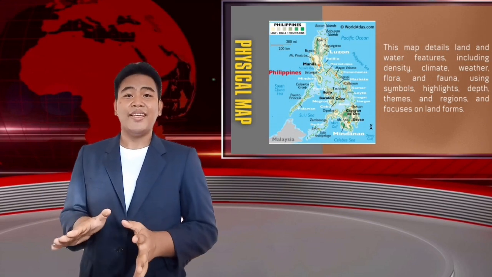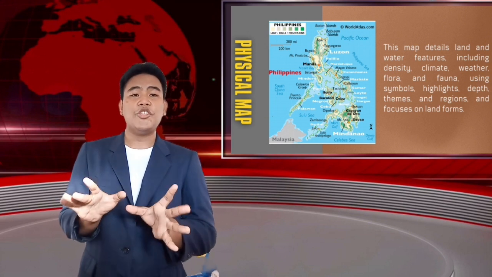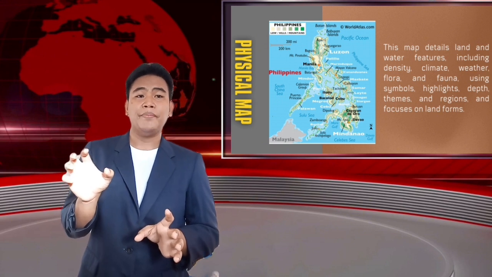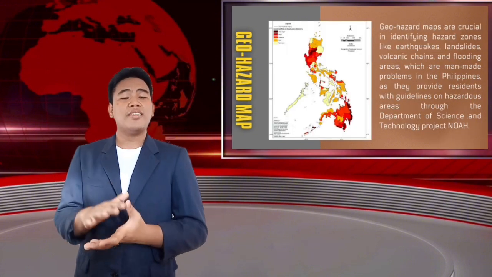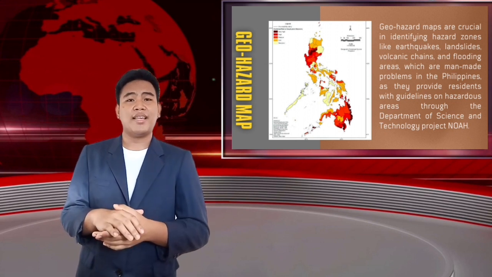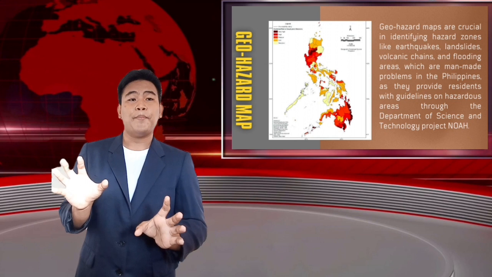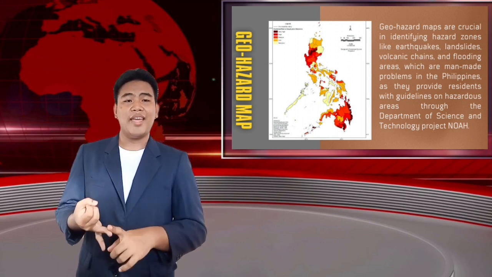The physical map features the country and shows which specific region is abundant in ecosystems. The topographic map is helpful to locate which part of the area is mountainous, and of course it is also used to see how high the landmass is. The geohazard map shows which region or area of a place or country is prone to hazards like earthquakes, landslides, and volcanic chains.